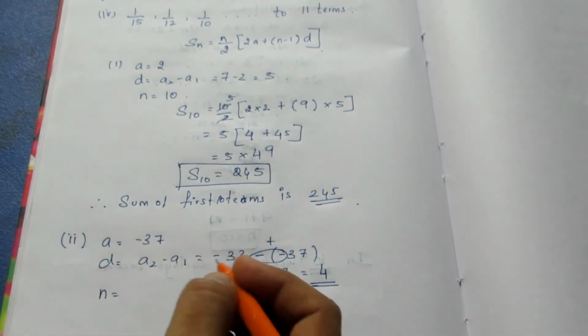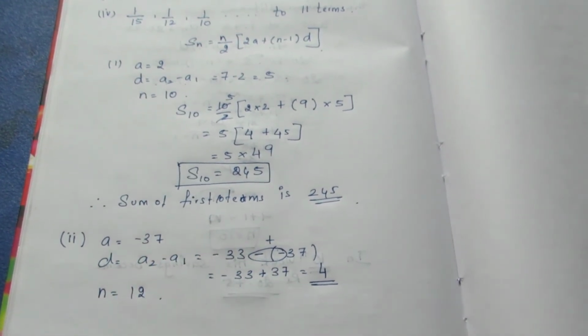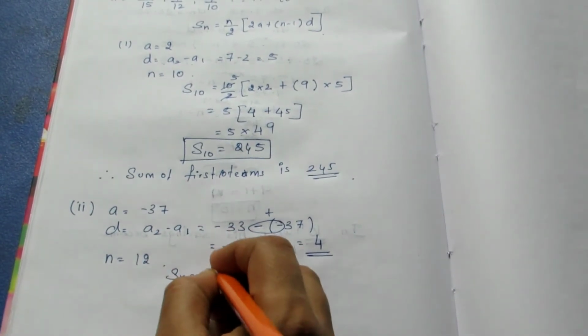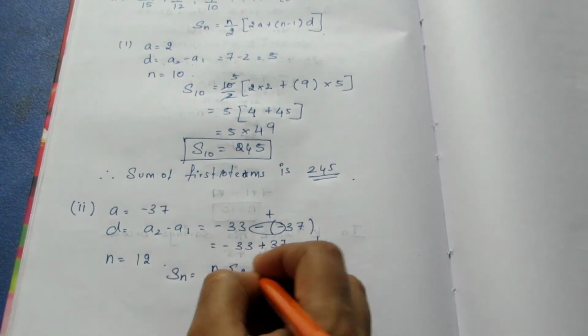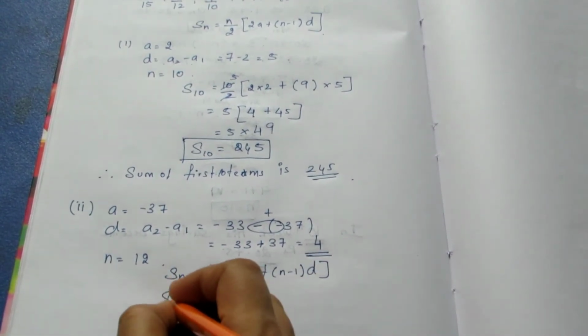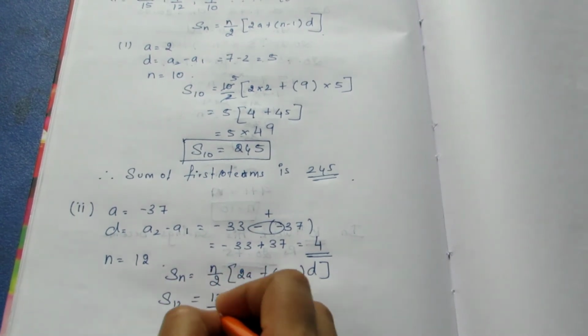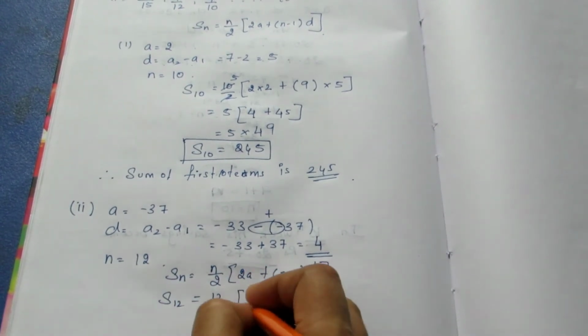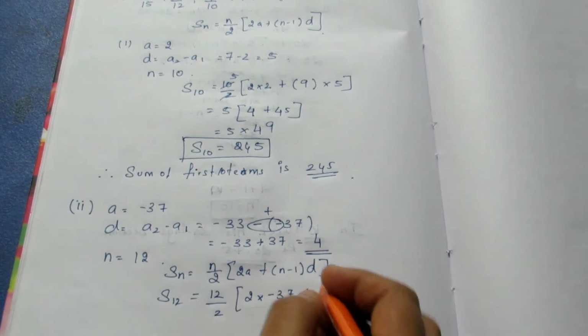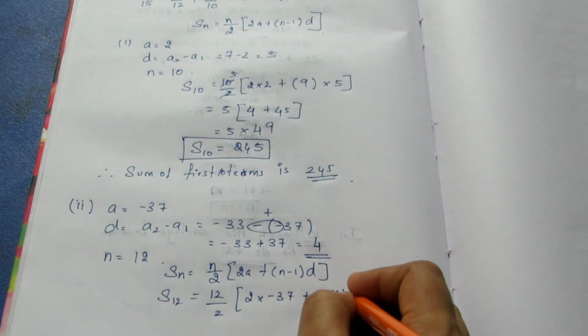Now up to 12 terms, so your n will be equal to 12. We know the Sn formula, always write the formula n by 2 into 2a plus n minus 1 into d. Here substitute the values, we need to find S12, so it becomes 12 by 2 into 2 into a, which is minus 37, plus n minus 1 is 12 minus 1, that is 11, into d, which is 4.